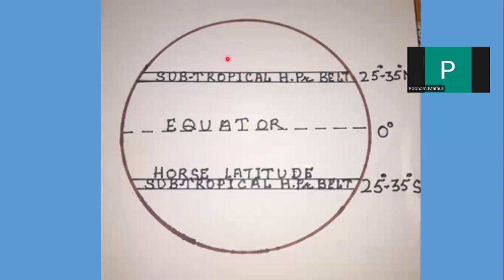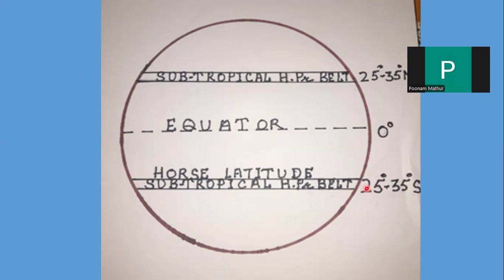Due to the rotation of the earth, the bulk of air from the subpolar region swings and settles at the subtropical high pressure belts in both the hemispheres, instead of settling at its original place.